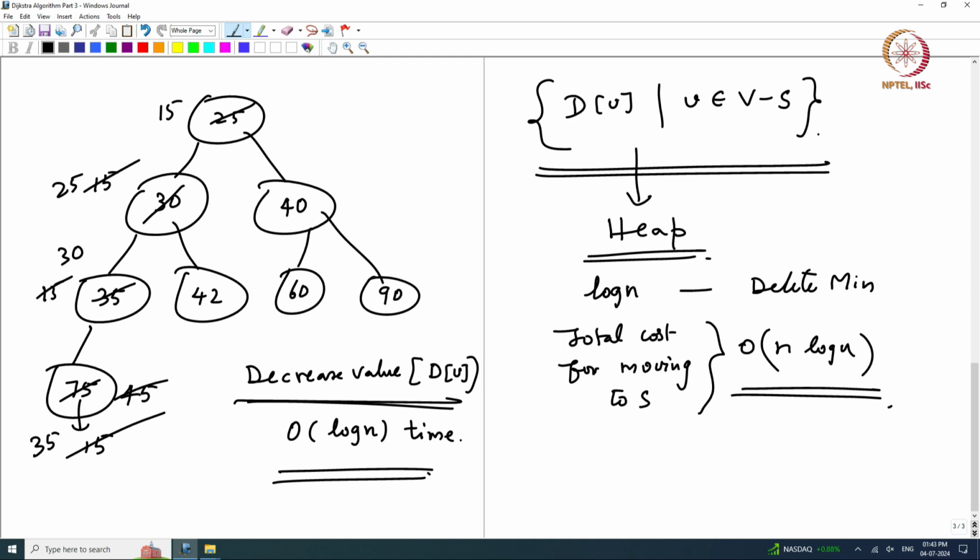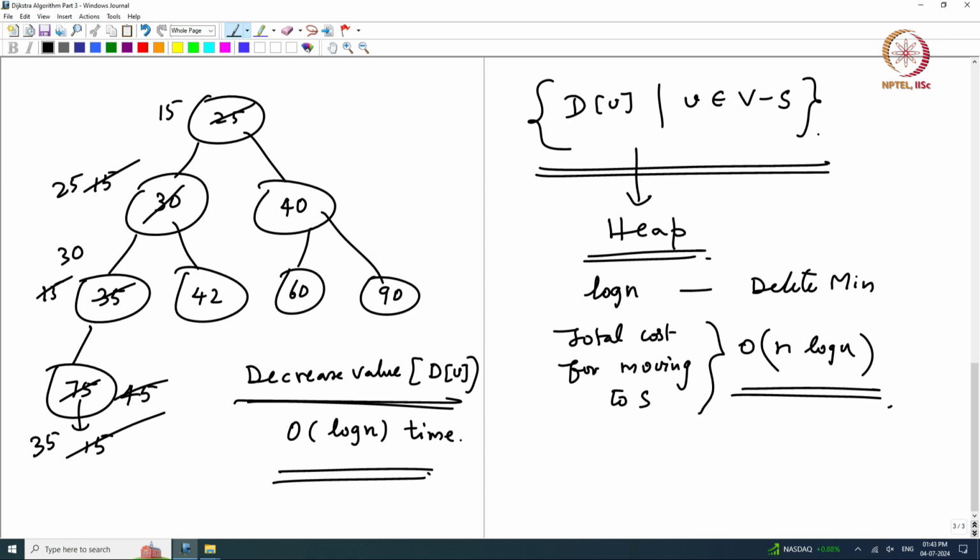Now what happens is, in step 2c you are updating. That update can happen for every edge, right. Each neighbor may have a larger value, therefore you may have to decrease the value, and you cannot simply decrease the value and leave it there, because we are maintaining it in a heap.